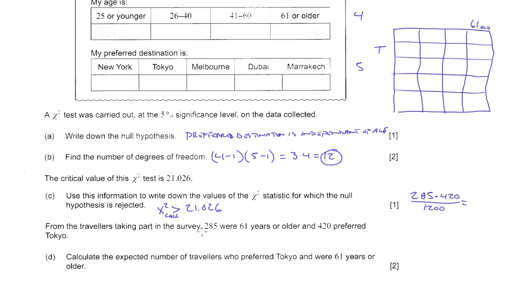The 285 who were 61 or older means all of these add up to 285, and the 420 who preferred Tokyo means all these add up to 420. The total of all the people is the 1,200. So you take the column total times the row total for this cell, where Tokyo and 61 or older cross, and divide by the total number. That's 285 times 420 over 1,200.